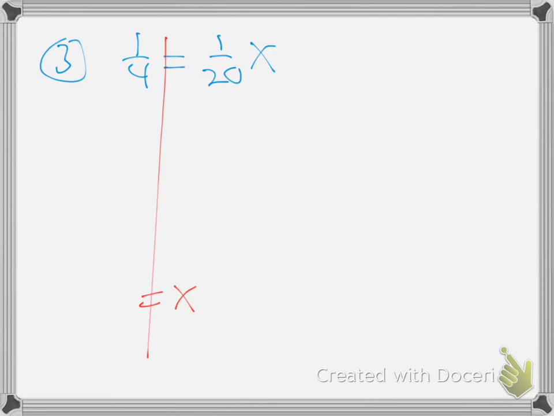I'm going to get rid of that by multiplying by 20. I'm going to put 20 on the right side and 20 on the left side. Is this making sense? If the 1 wasn't a 1 and it was like a 3 or something, it would be different. We'll talk about that in a little bit.